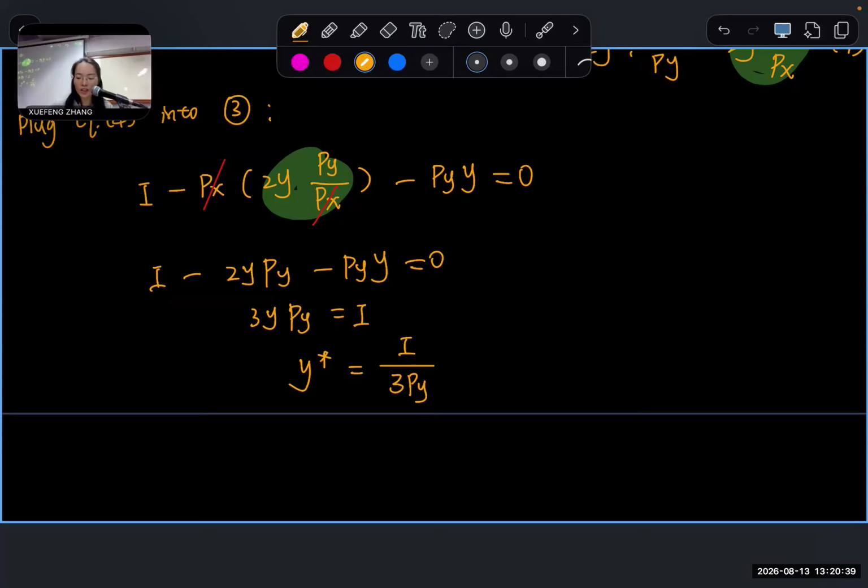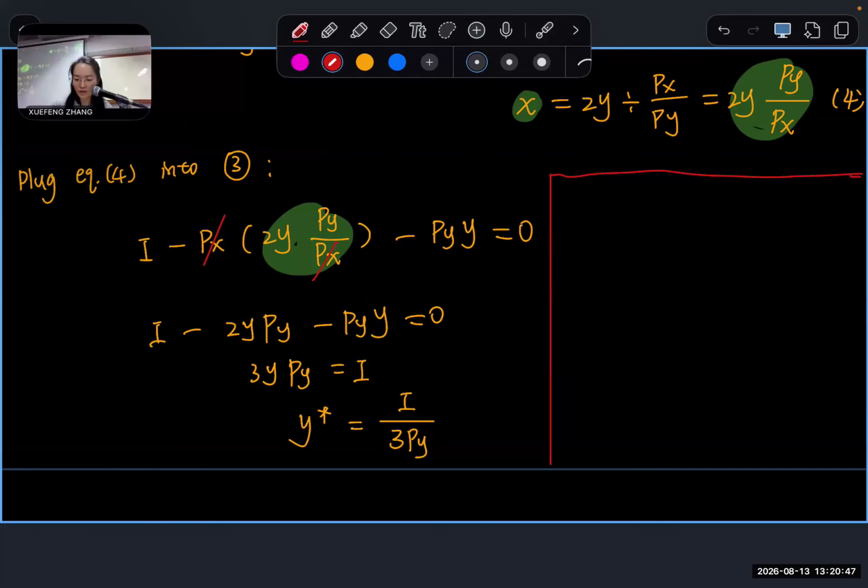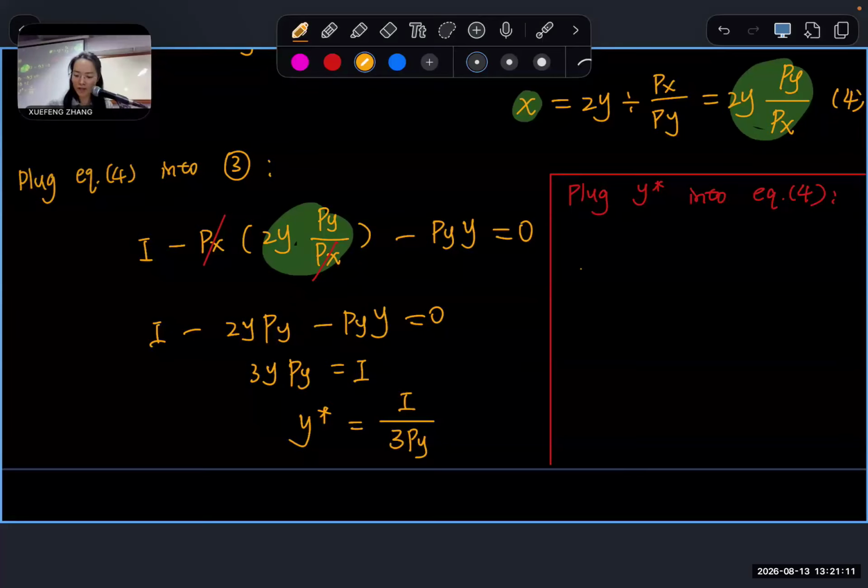But we also need to solve for x. How do we solve it? Okay, so here I got y star, right? So let's see. This is our x. So basically, I just plug y star into equation 4. So here, x equal 2 times y.